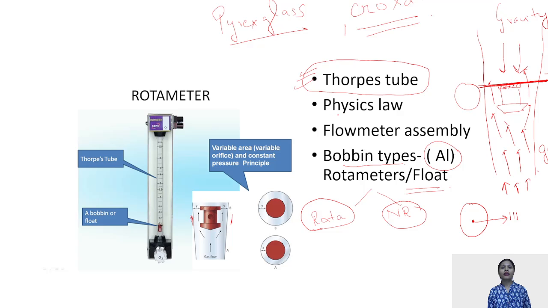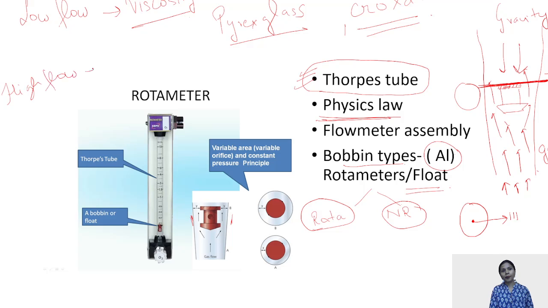Now, what is the physics law? On what laws of physics will gas flow in these rotameters? When we talk about low flows, they are dependent upon the viscosity of the gas. But the high flows are dependent upon the density of the gas.